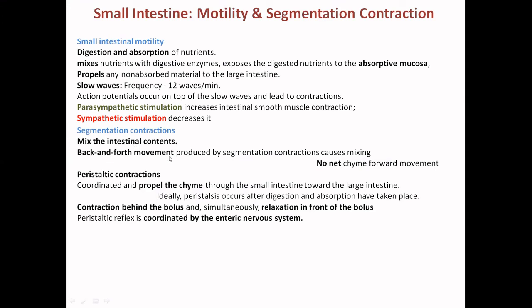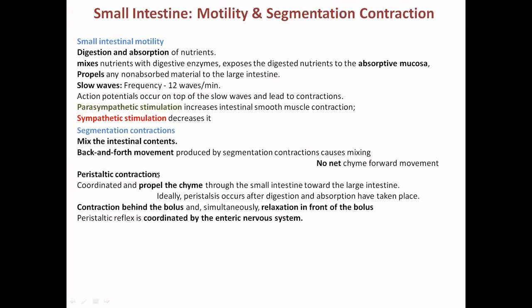The back and forth movement produced by the segmentation contraction causes the mixing, meaning it will move forward toward the oral region of the small intestine and toward the caudal region, but there is no net movement of the chyme toward the anus for defecation. There is a back and forth movement, but no net movement. This is possible because of segmentation contraction.